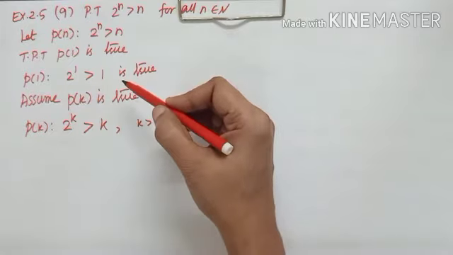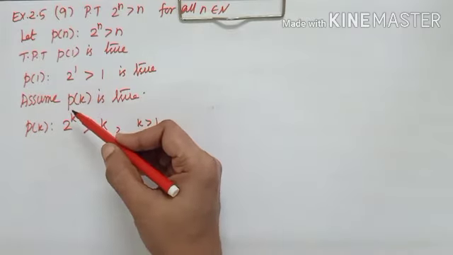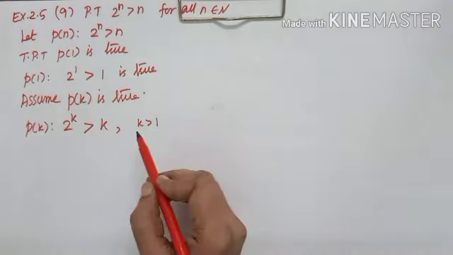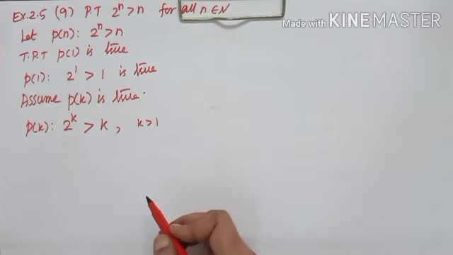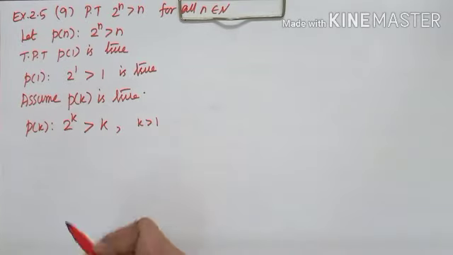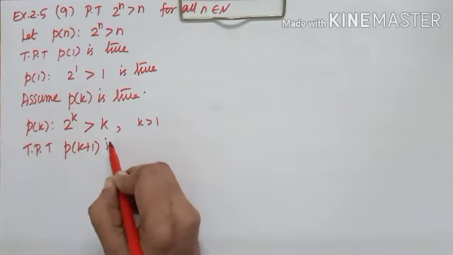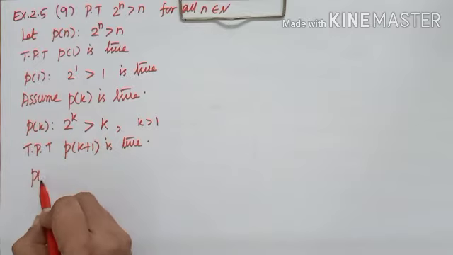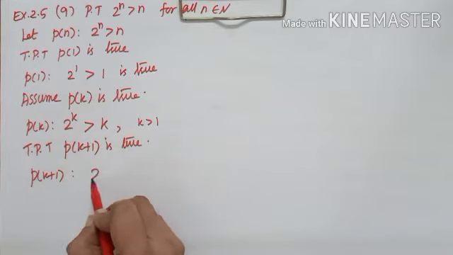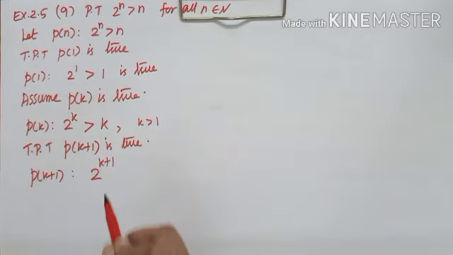k will be definitely greater than 1. Every time I have proved for 1, assume for a number which is more than 1. So mention k greater than 1. The next step, I want to show P of k plus 1 is true. What is P of k plus 1? It is 2 power k plus 1.